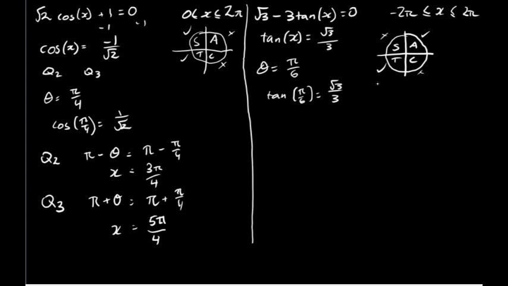And we're in the third quadrant, so for Q3, we're just after pi plus theta, which will be pi plus pi on 6, so 7 pi on 6. And for Q1, well, that's just the pi on 6. So there's the first one, there's the second one.